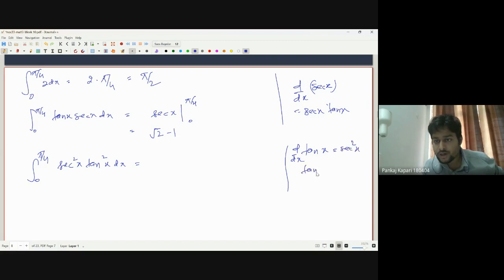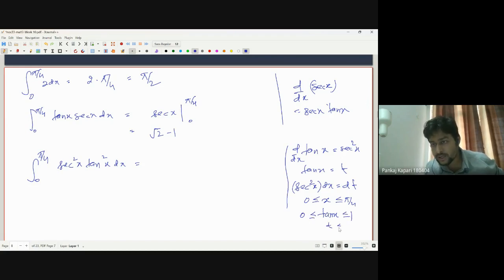So if you put tan x equal to a new variable t, then sec square x dx must be dt, and x varies between 0 and pi by 4, so tan x varies from 0 to 1.